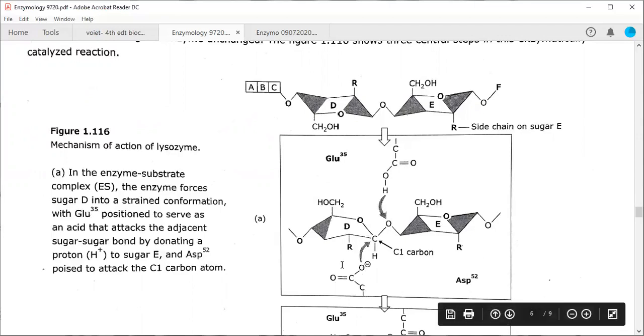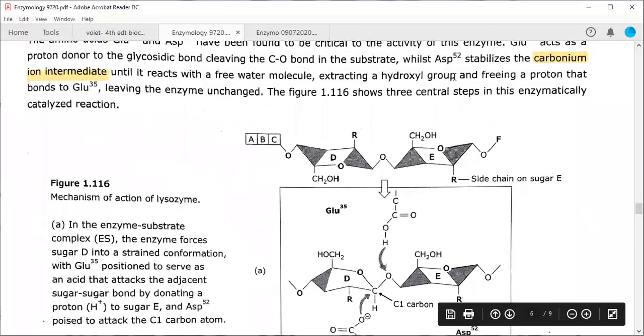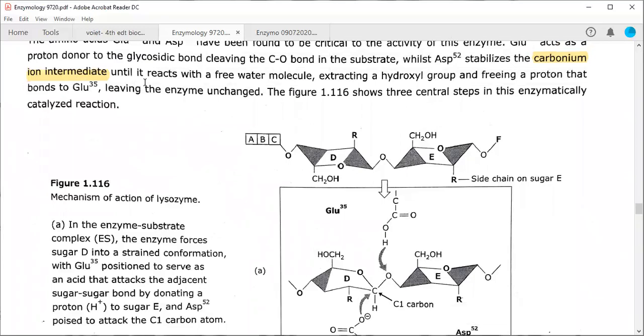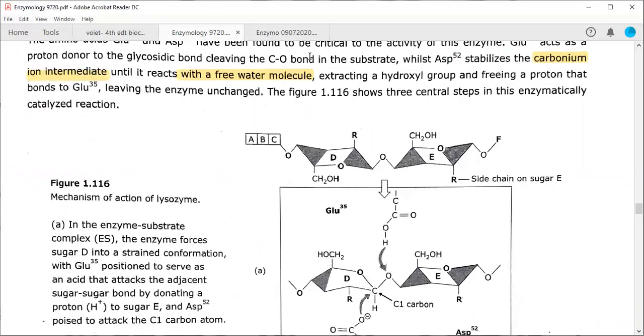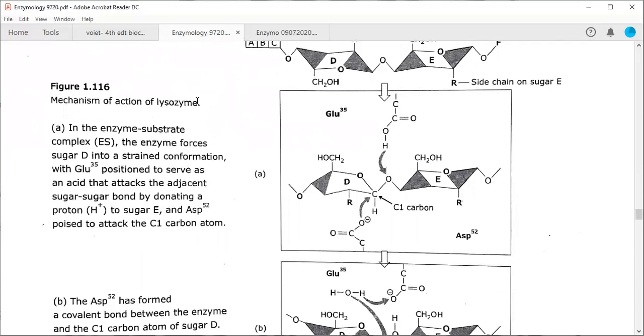This is aspartate 52. It will stabilize the oxonium ion or this particular carbonium ion intermediate until it reacts with a free water molecule. This is very important because this reaction is a hydrolysis reaction and a water molecule must be involved, extracting the hydroxyl group and freeing a proton that will bond to the glutamate 35 and leave the enzyme unchanged. So let's see the mechanism.